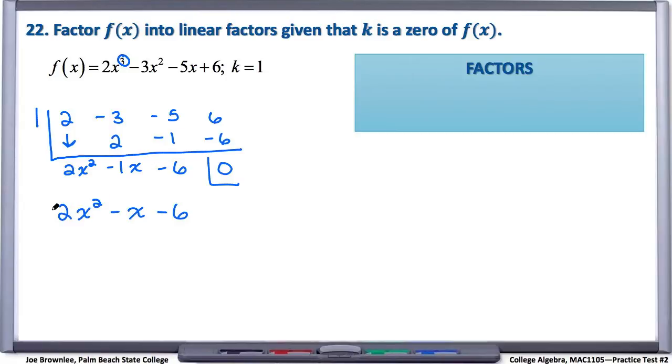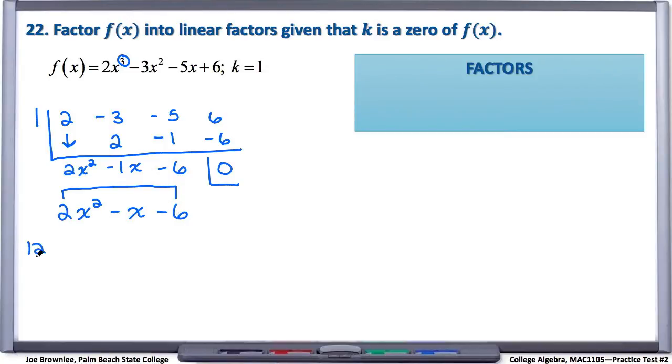And now with our quotient here, what we're going to do is factor just like we've been factoring for many years now. We can use the AC method or the scissors method, trial and error. You could even use the quadratic formula if you wanted to. I think we'll go ahead and use the AC method here. So we know that we're going to multiply the coefficient of our squared term and our constant together.